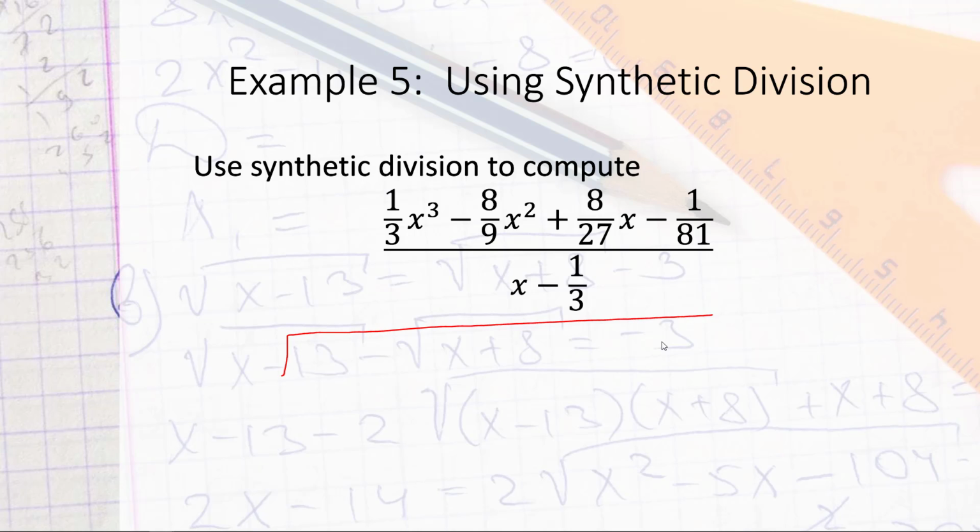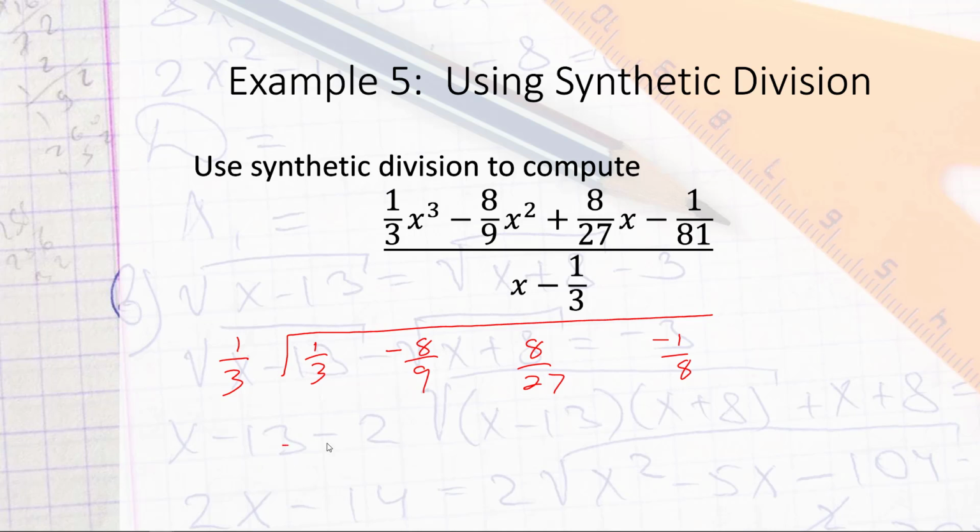Here the coefficient for the cubic term is 1/3. The coefficient for the quadratic term is negative 8 over 9. The coefficient for the linear term is 8 over 27. And then the coefficient for the constant term is negative 1 over 8. Since we're doing x minus 1/3, I want to have a positive 1/3 here. Remember the opposite of this particular value here.